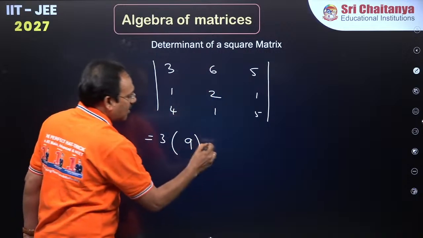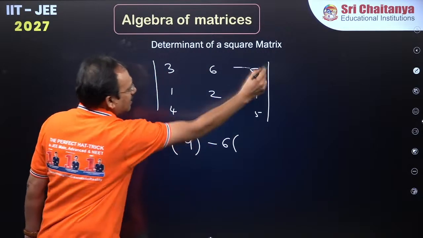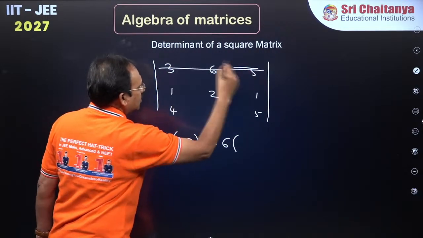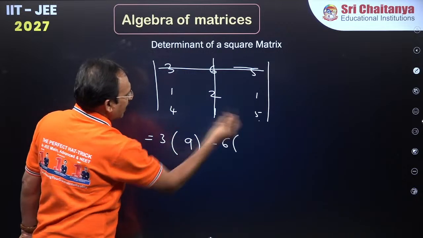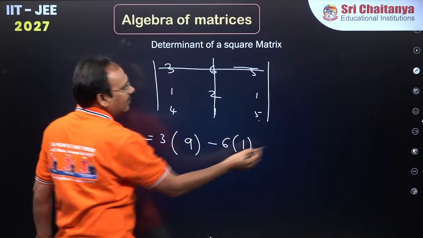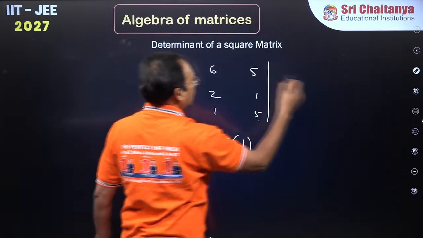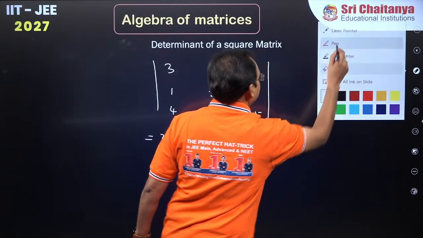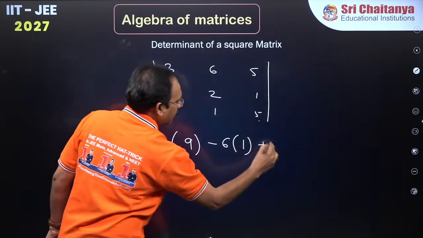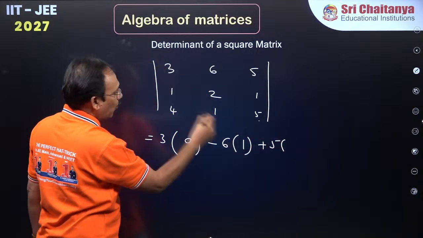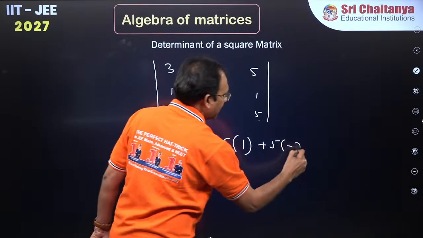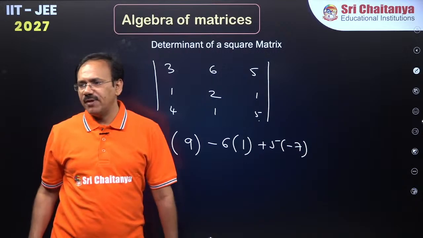Then minus of this element, remove this row and this column, 5 minus 4, 1. The next, this element plus 5 into 1 minus 8, minus 7. Simple friends, very simple.